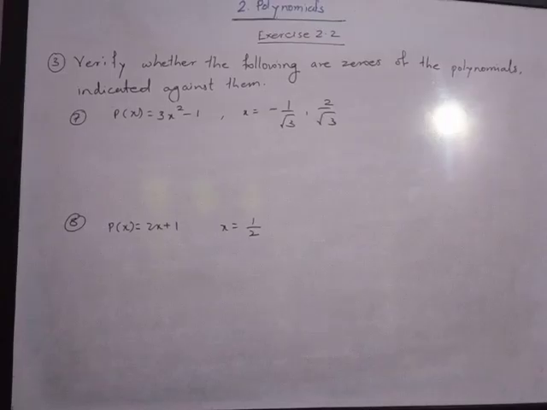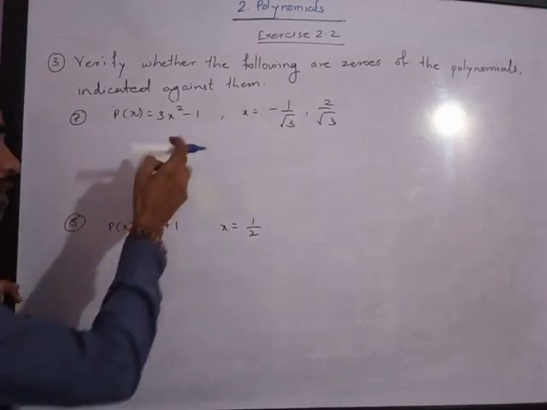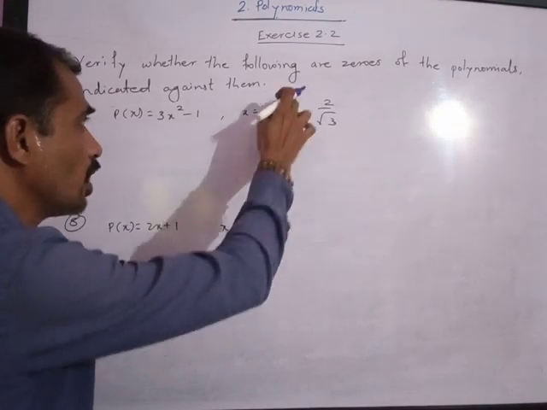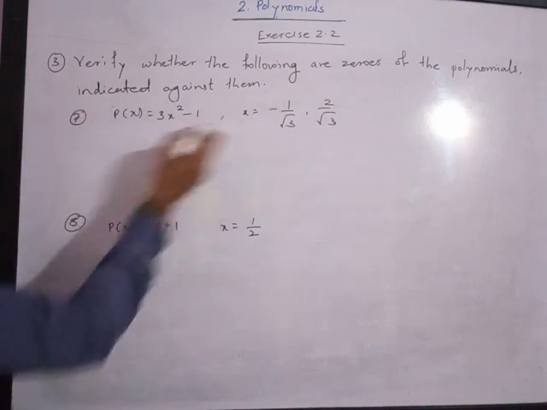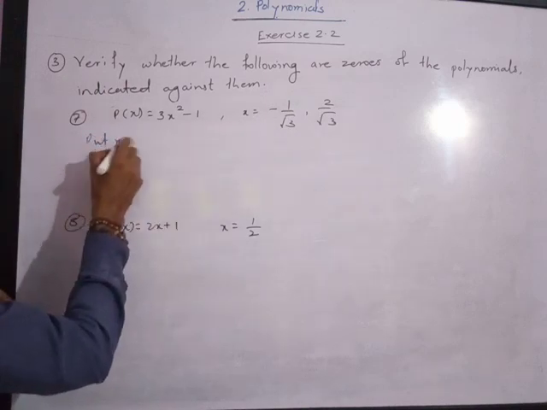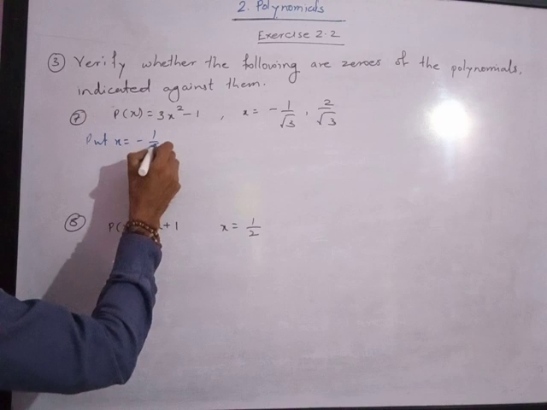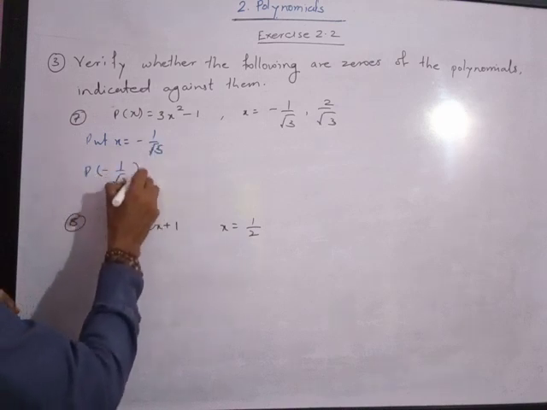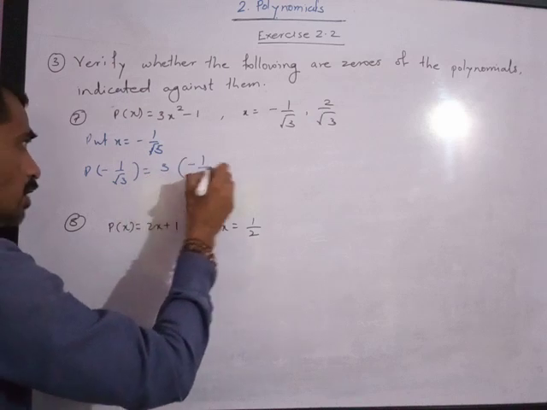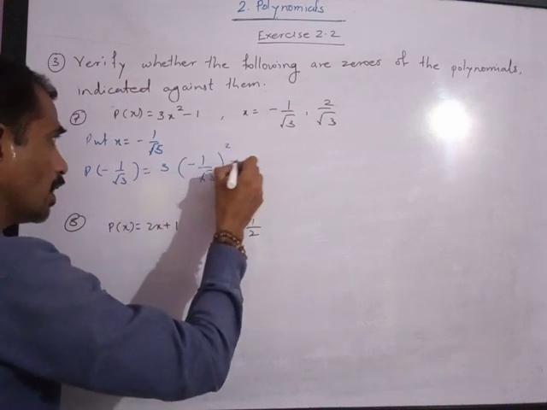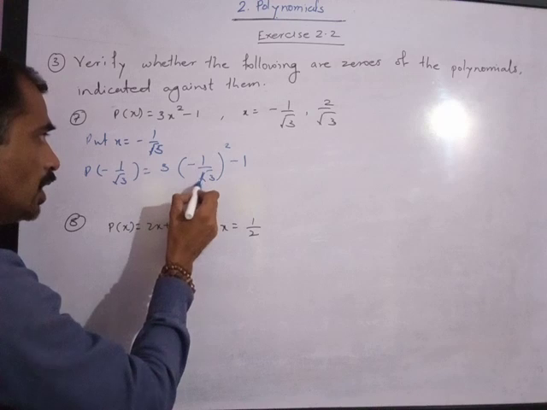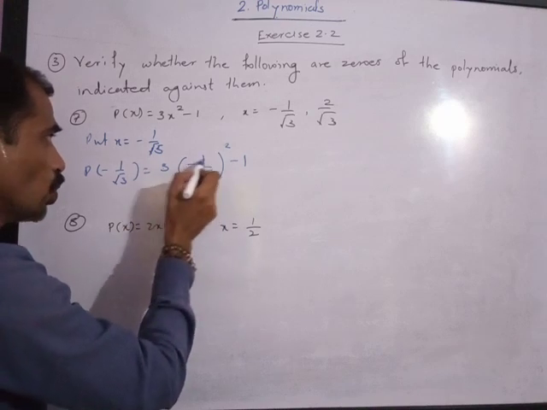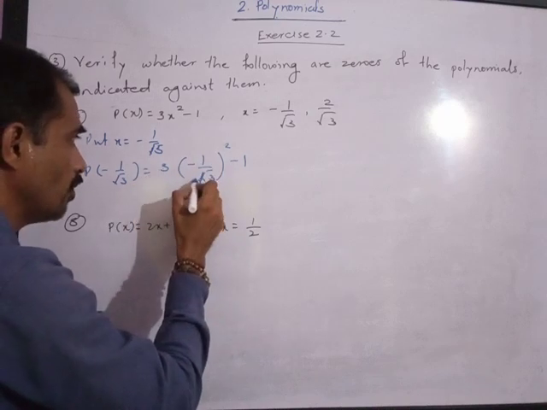Next question is p of x is equal to 3x square minus 1, and we have to check for two values. So put x is equal to minus 1 upon root 3. We will get p of minus 1 upon root 3 is equal to 3 multiplied by minus 1 upon root 3 bracket square minus 1. So this will be root 3 square is 3, minus 1 square is 1, and 3 will cancel with this 3.